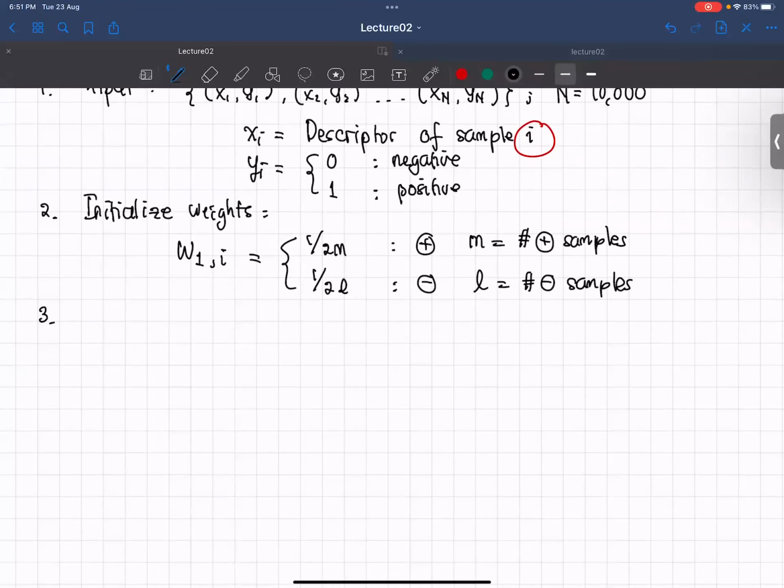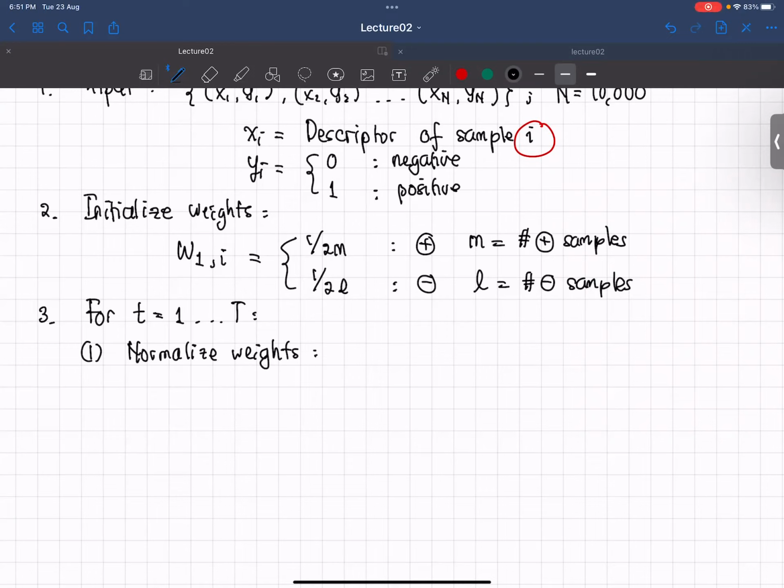The third step is the iteration step. For t, again, t is time, the iteration count, 1 up to capital T. And the sub-step 1, we need to normalize the weights.